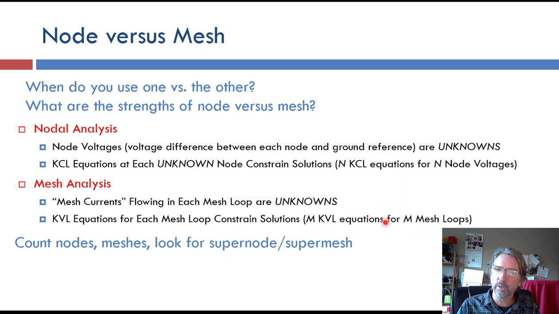Sometimes if things are all in series, you can have maybe just one mesh loop, but a whole bunch of nodes. If things are all in parallel, you can have a bunch of loops, but maybe one or two nodes, or 3 or 4 nodes, or something like that. So count the nodes and count the meshes and use whichever one makes a smaller system of equations.